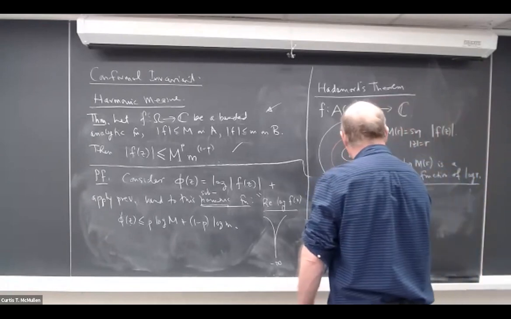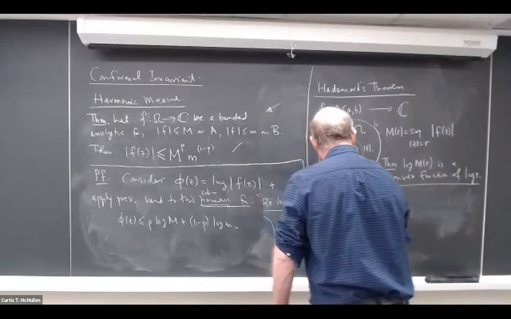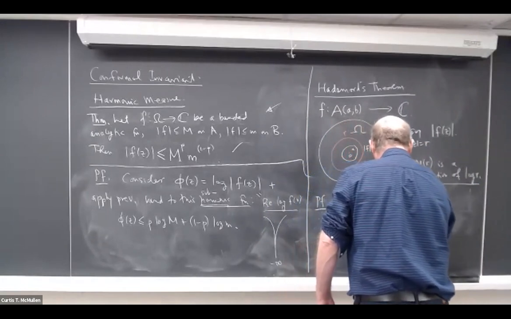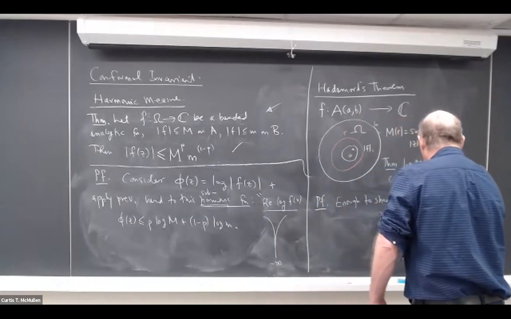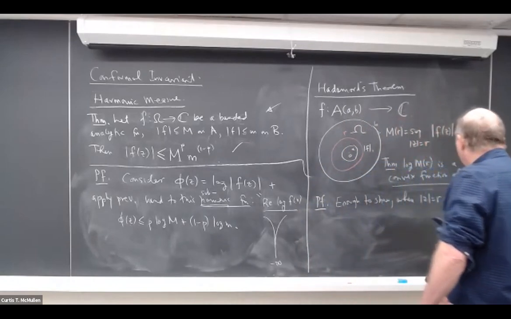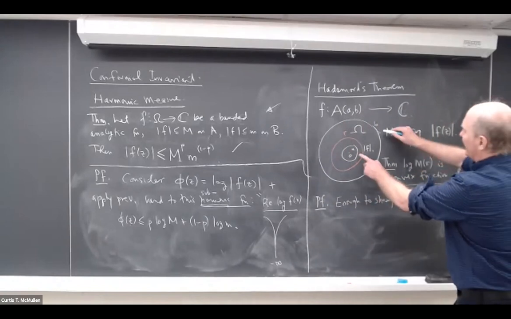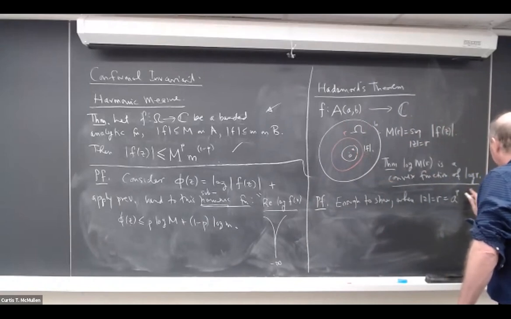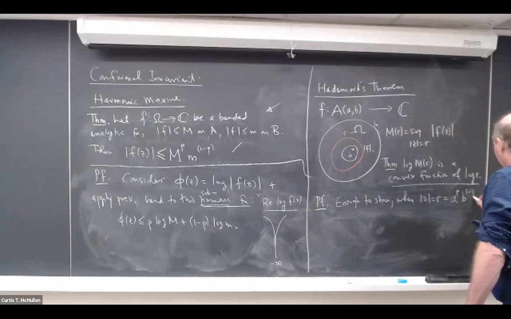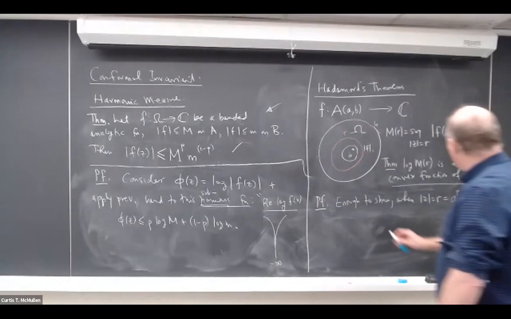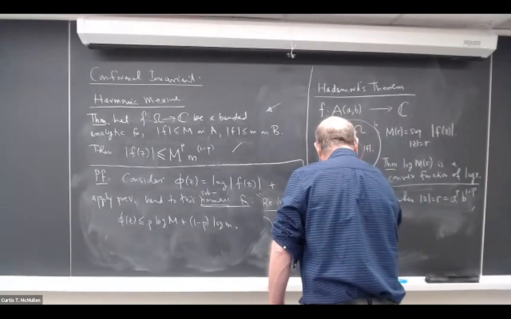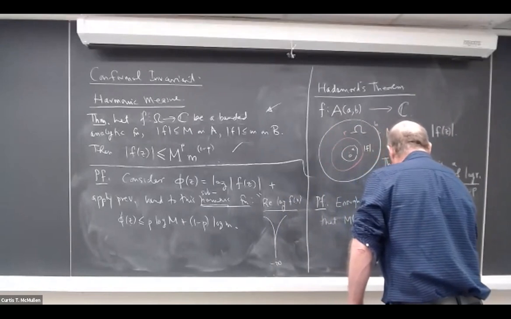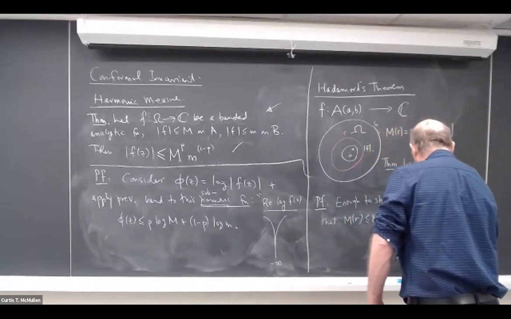So here's the proof. First, it's enough to show that when the absolute value of z is equal to r, and now we're going to write r as a weighted geometric mean of A and B. So write it as A to the p times B to the 1 minus p, that m of r is less than or equal to m of A to the p times m of B to the 1 minus p.